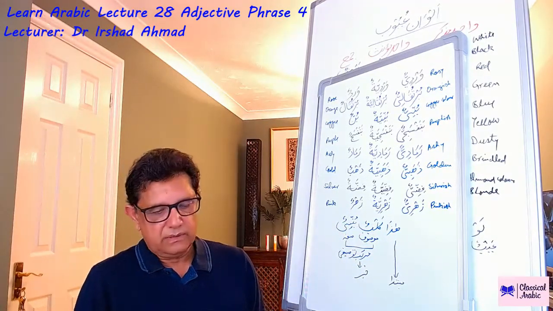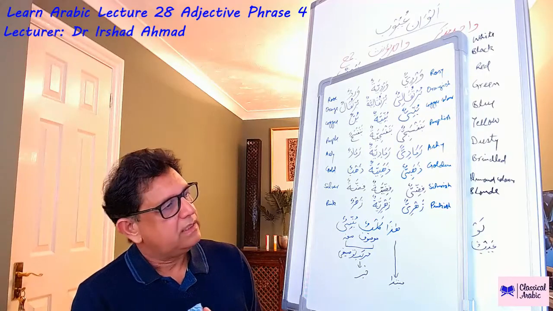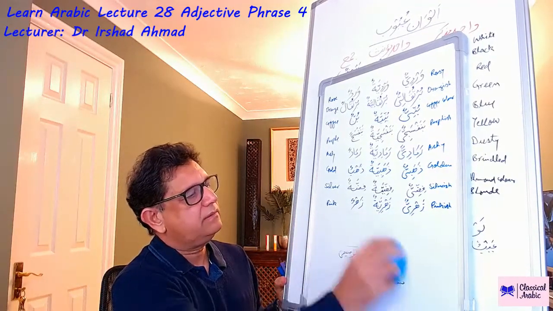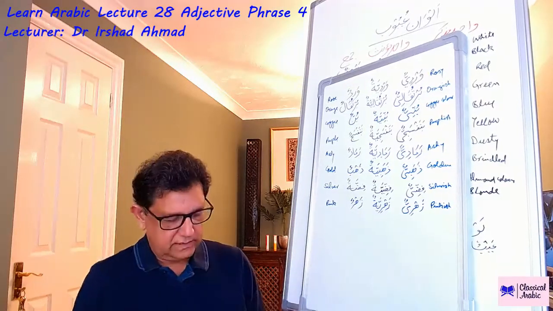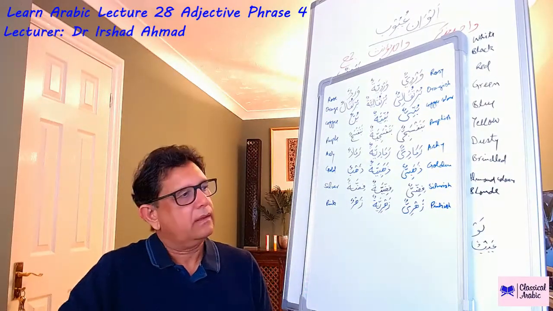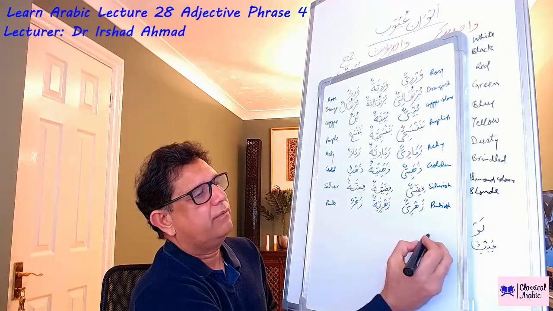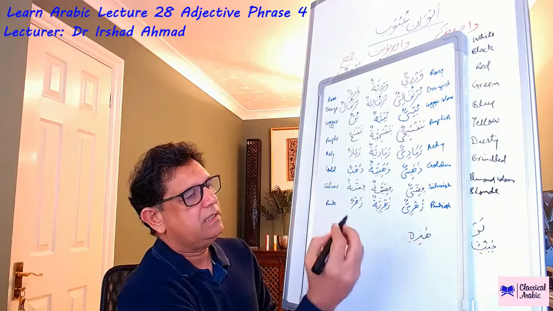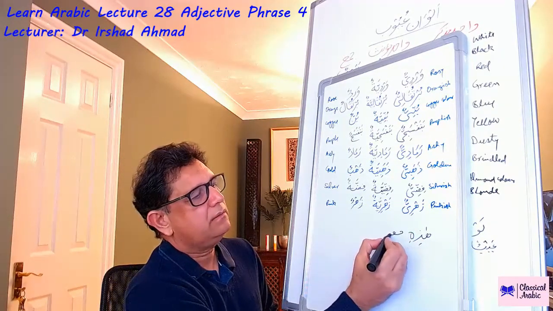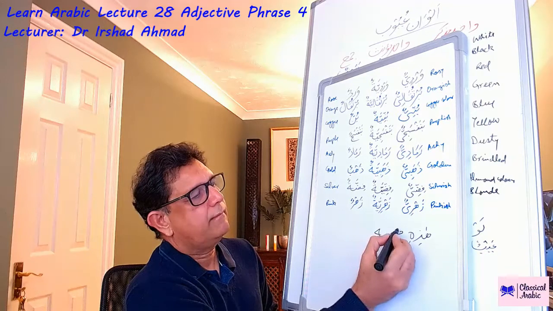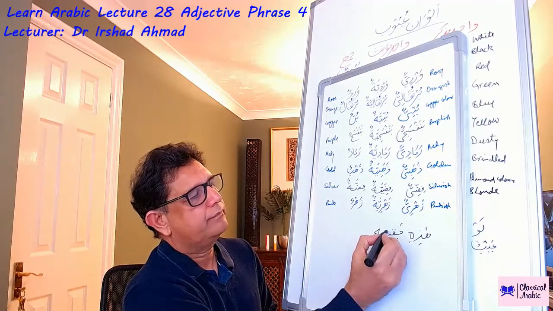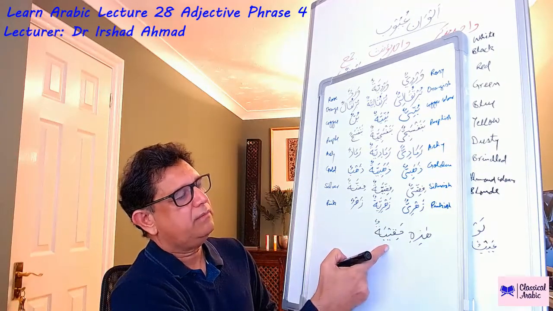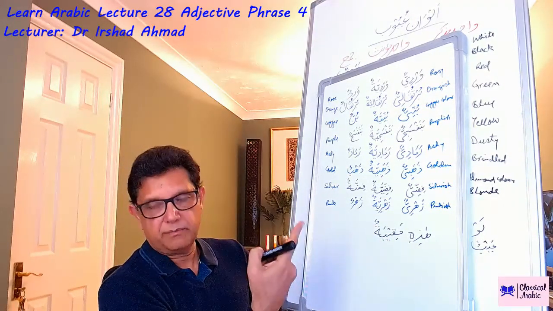If we want to say, on the other hand, this is a violet handbag, for example, we will say hazihi haqiqatun, handbag, and we want to say it is purple color.